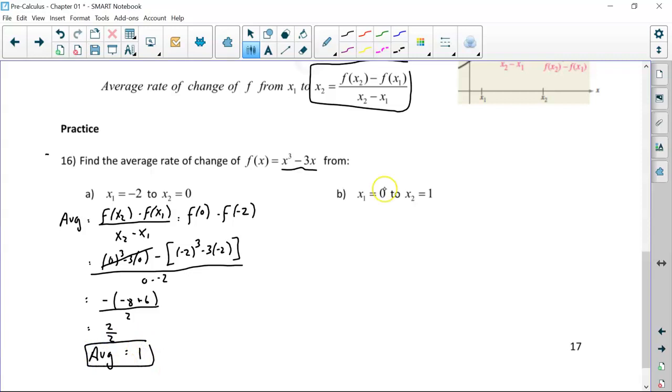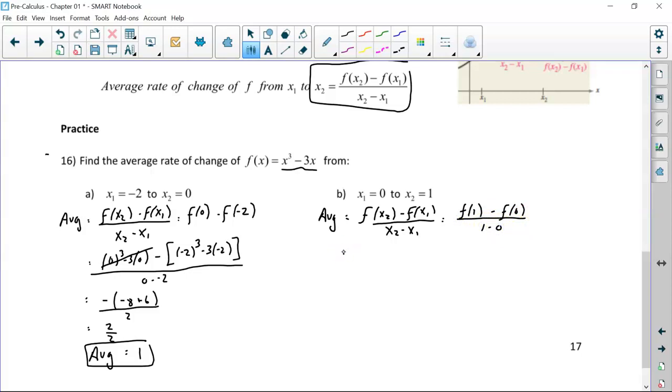Now if our points are 0 and 1, it's going to be f of x sub 2 minus f of x sub 1 over x2 minus x1. So for this one, it's going to be f of 1 minus f of 0 over 1 minus 0.